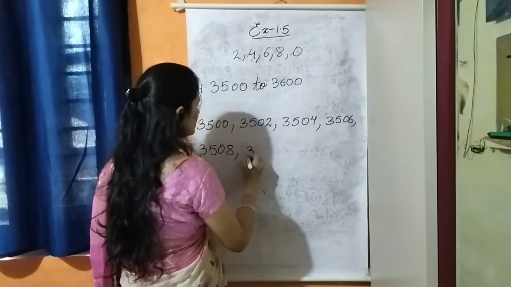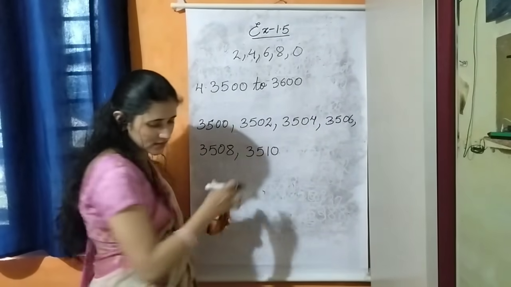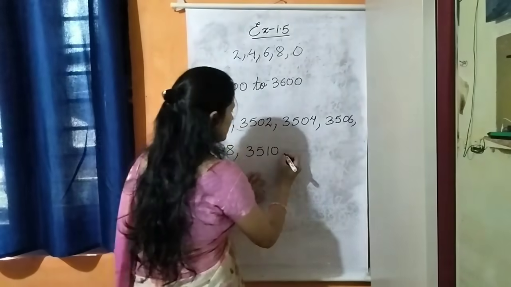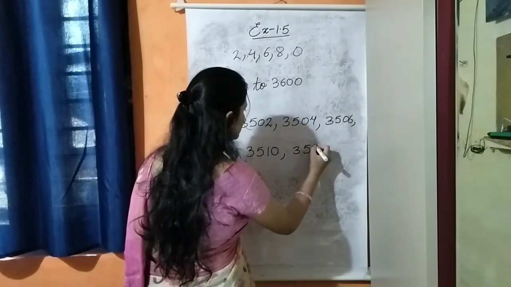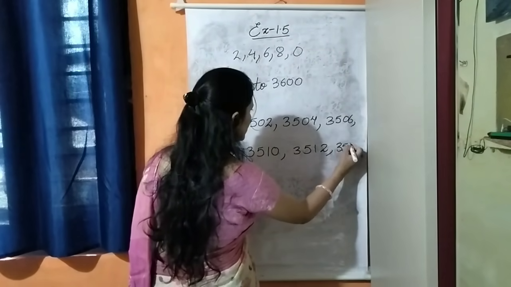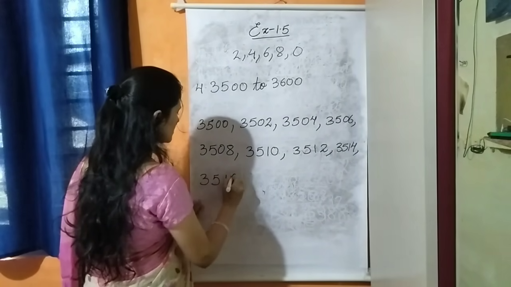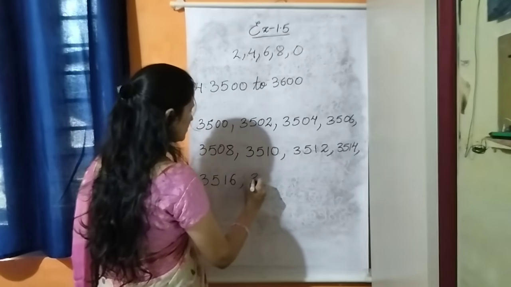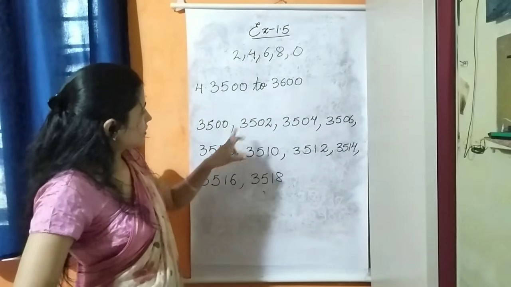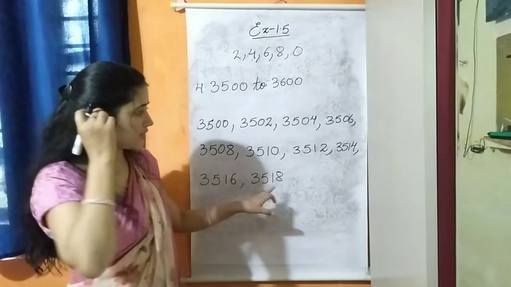Then 3510. 1, 2, 3, 4, 5, 6. 3,512, 3,514, 3,516, 3,518. 1, 2, 3, 4, 5, 6, 7, 8, 9, 10. Okay, so I have written here 10.